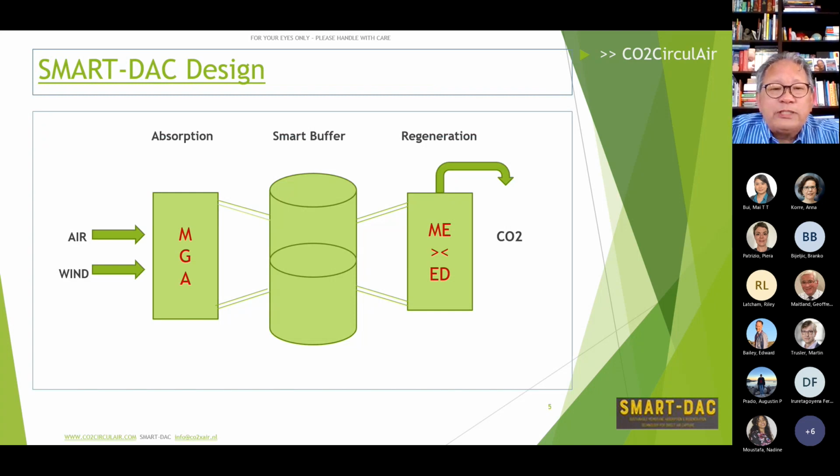So how do we intend to do this? Our technology has two steps. First of all, we use membrane gas absorption, which is a membrane technology that uses a membrane not as a filter, not as a separator, but, what's the right word in English?